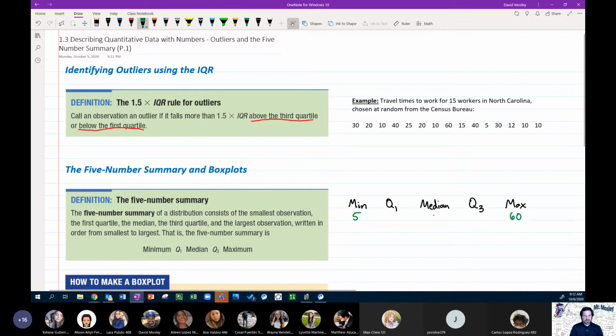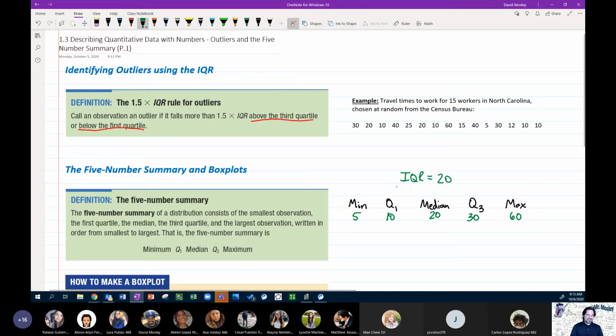Our median was 20. Q1 was 10, and Q3 was 30. And from our previous page, we know that the IQR was 20.